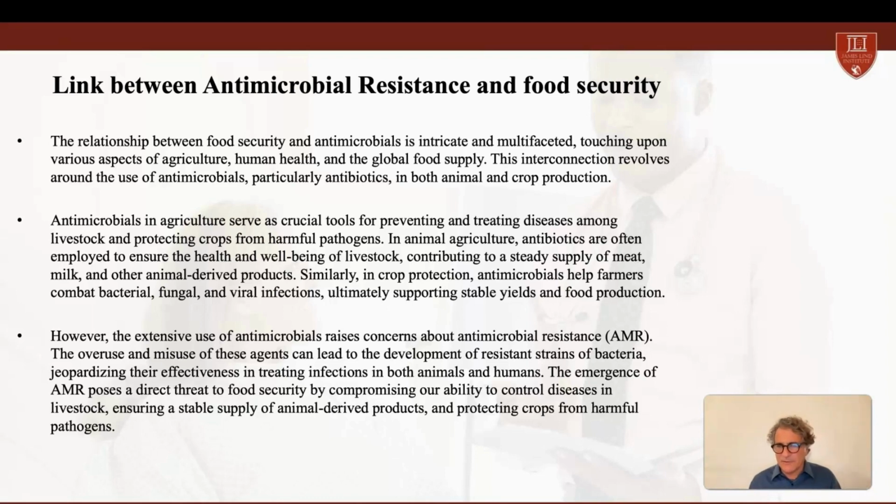This represents a higher risk for the entire population, especially when some viruses affect the entire farming system. So we have a problem correlated also to the supply and the demand of all the meat products, the milk, and all the products derived from milk. However, the intensive use of antimicrobials raises concern about antimicrobial resistance. Why? Because the overuse and misuse of these agents can lead to the development of resistant strains of bacteria.